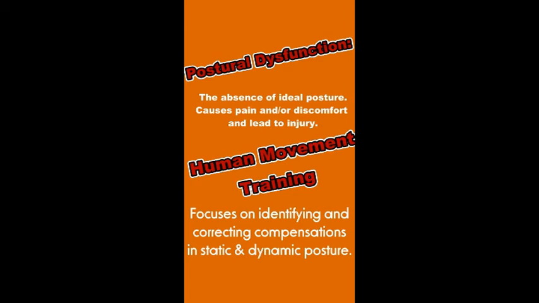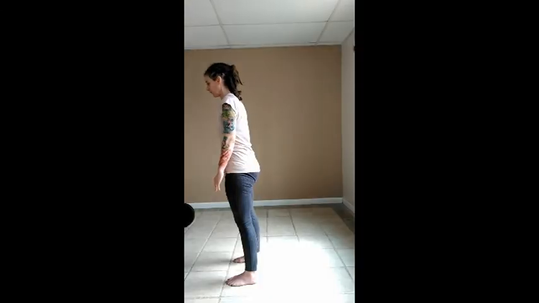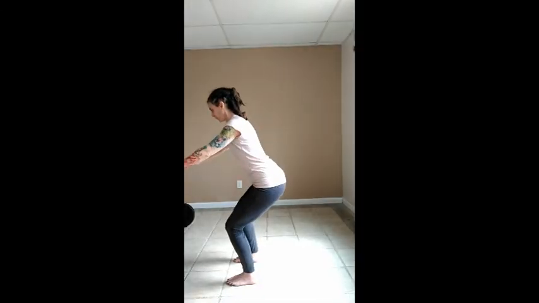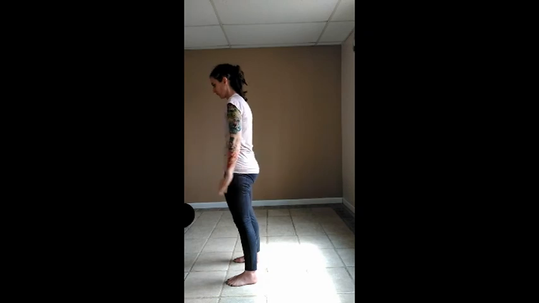And this is where the human movement training comes in. This type of training focuses on identifying and correcting these compensations and this postural dysfunction that you have. So when I begin working with a client that wants human movement training, I need to first identify what kind of dysfunction might be going on.